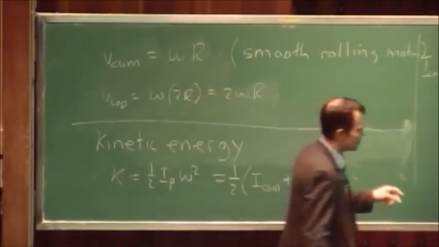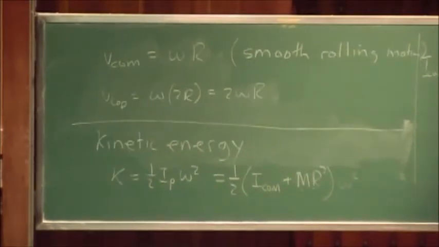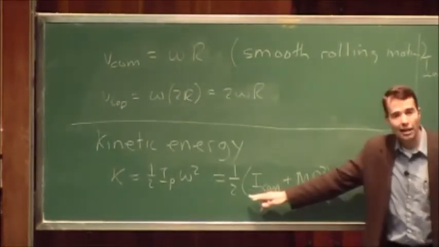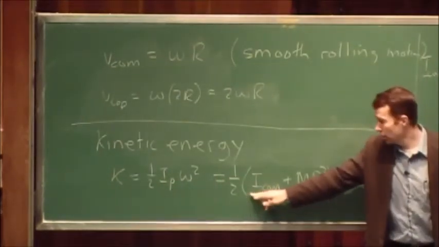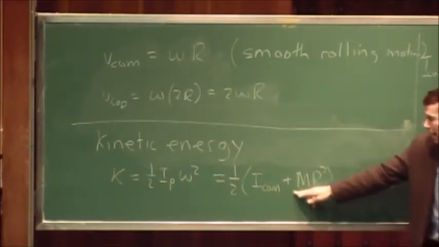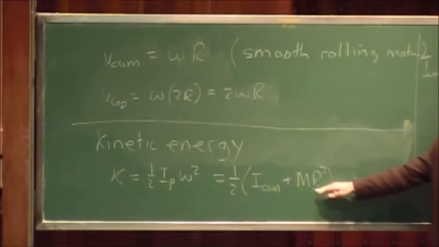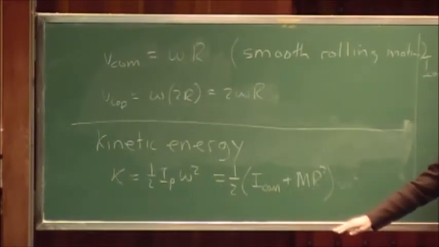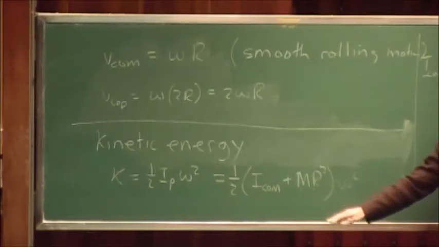So what we're interested in is what's happening as it rotates about this point, and we've said that that's a distance r here, and this is the parallel axis theorem. So if I know the moment of inertia of the center of mass, then I simply need to add mr squared, and that gives me the moment of inertia about the point that is touching the ground.